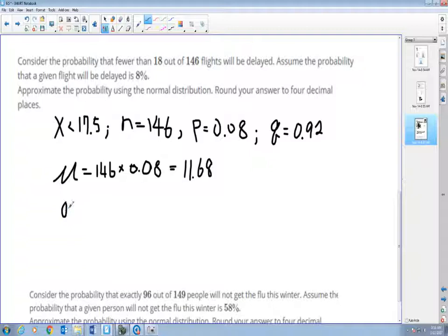Alright, my standard deviation. Again, I'm just going to write it out. I'm not going to type it in yet. 146 times my p times my q.